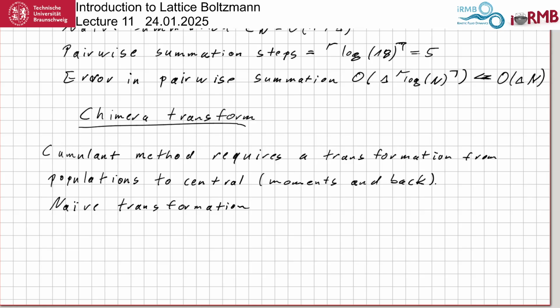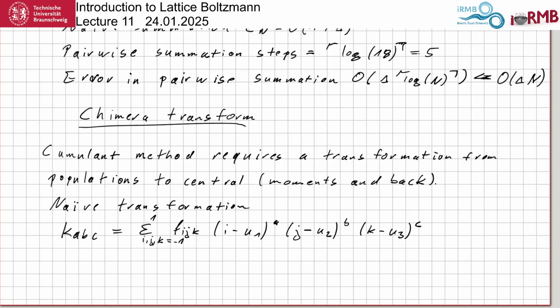So the naive way, we call central moments k_abc, is the sum over i, j, k from -1 to 1 of f_ijk times (i minus u1) to the power of a, (j minus u2) to the power of b, and (k minus u3) to the power of c. I have forgotten whether we call this u_x, u_y, u_z or 1, 2, 3, but it doesn't matter. You know what I mean, yeah?